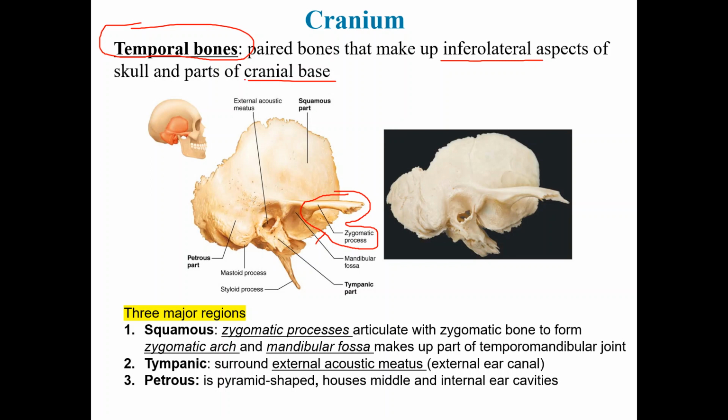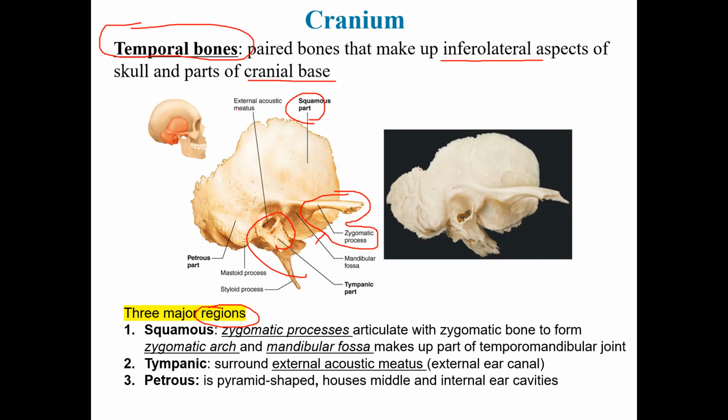And we can recognize three major regions in this bone. One is the squamous part that contains the zygomatic process to form the zygomatic arch. Then we have the tympanic part, which is this one, which surrounds the external acoustic meatus.